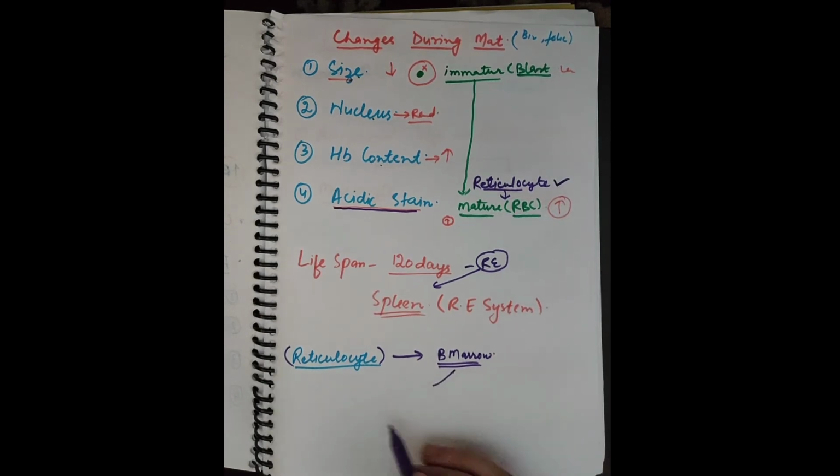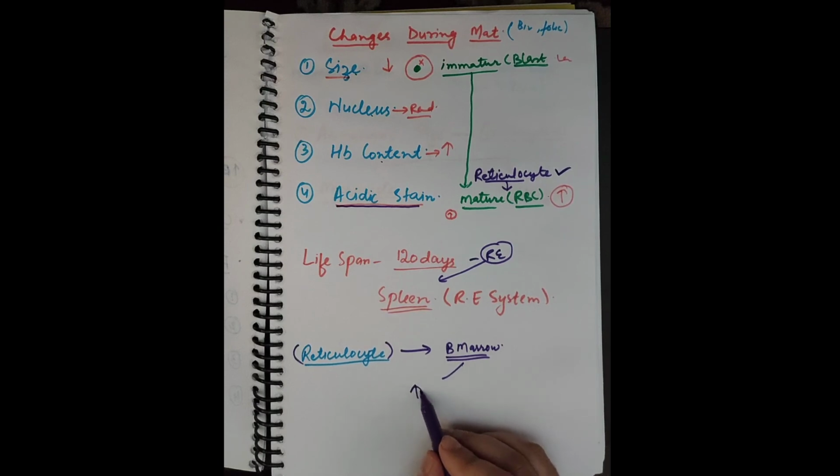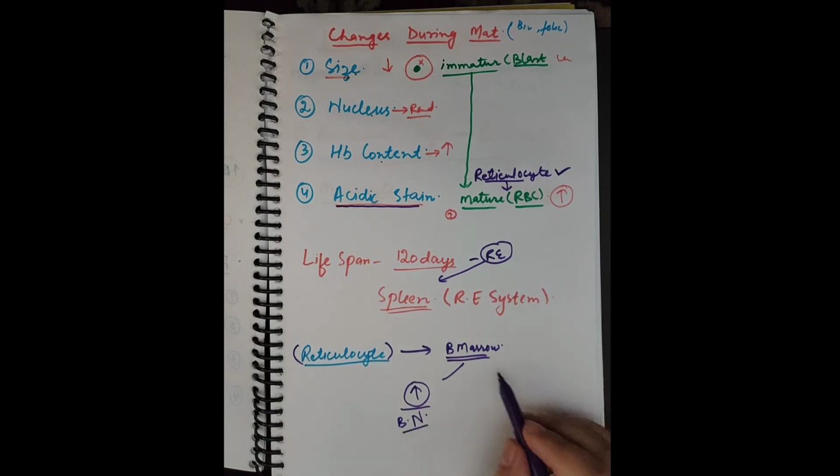If the reticulocyte count is increased, it means the bone marrow is functioning normally. And if the reticulocyte count is decreased, we say that the bone marrow is not functioning. So to see whether bone marrow is functioning or not, we use the reticulocyte as an indicator.